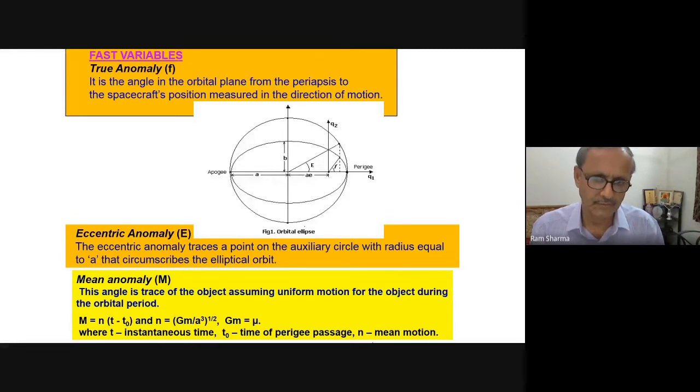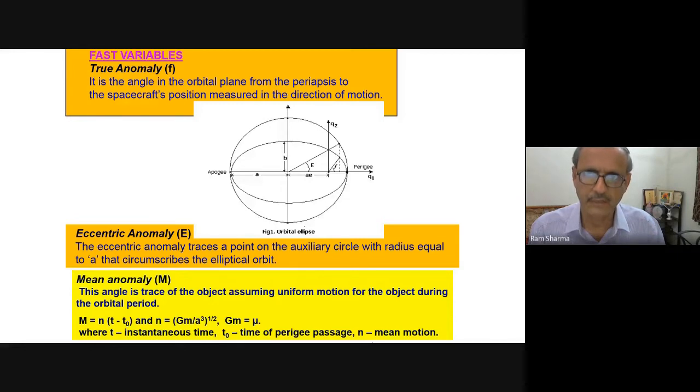For Earth, the mu value is 398600 kilometer cube by second square. If you want to calculate how much angle there will be from perigee at a given time, you give the time and then you can calculate the mean anomaly.